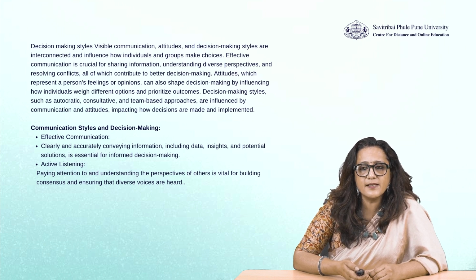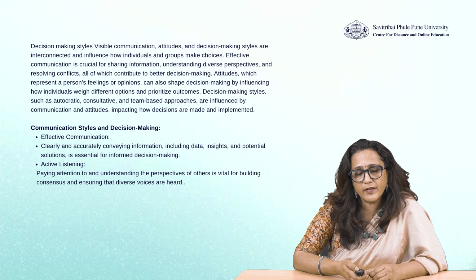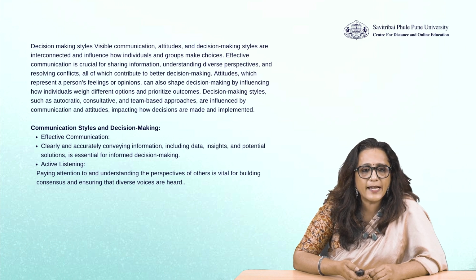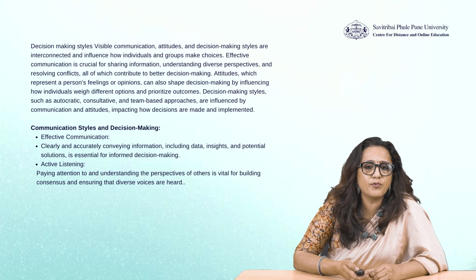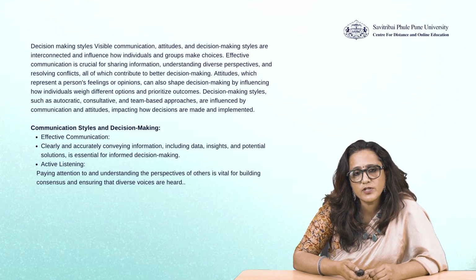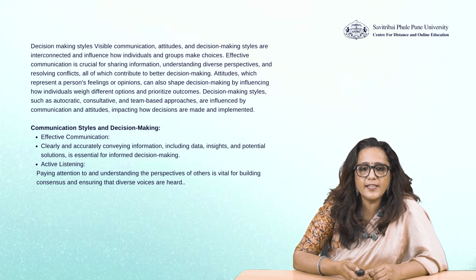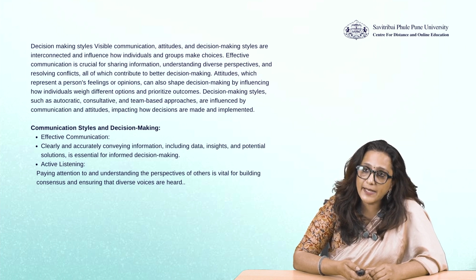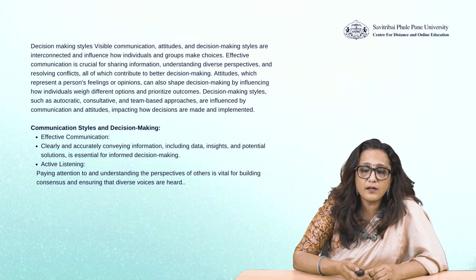Decision making styles could vary. We normally categorize them into autocratic, consultative, and team-based approaches, and they are influenced by both communication and attitude, and they impact how decisions are made as well as implemented.